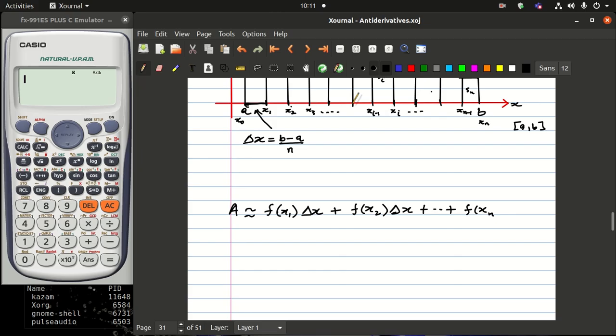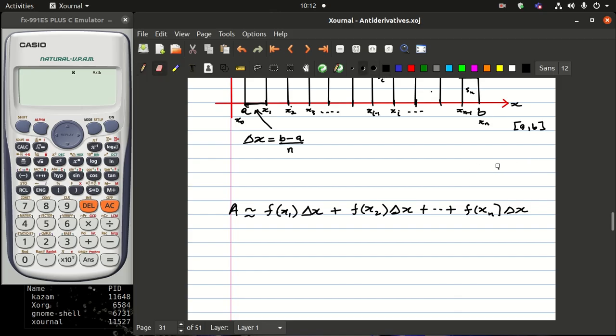So we have f of xn times delta x. And of course, f of xn is the same as f of b, because xn is the same as b. That's what I'm trying to say.